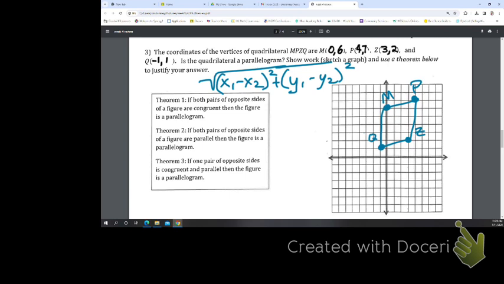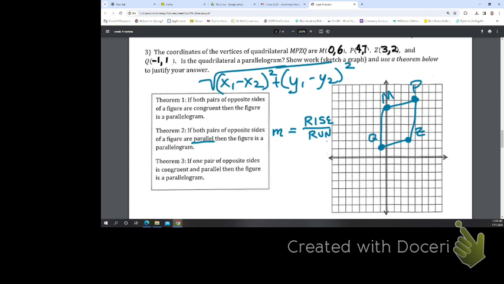So, to prove that they are parallel, we want to focus on the slope. If I can find my slopes, and remember that slope, I can use my points and subtract my y's and subtract my x's, but if I have a graph, I can just count rise over run from left to right.